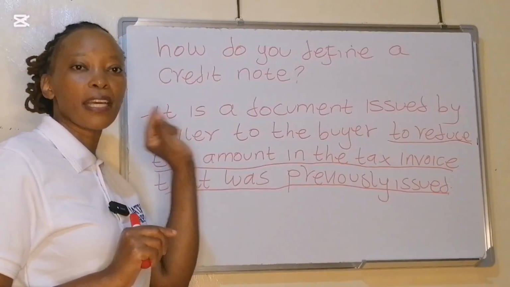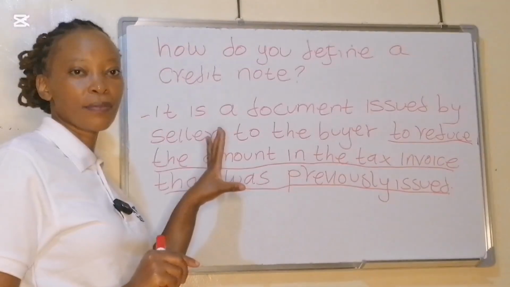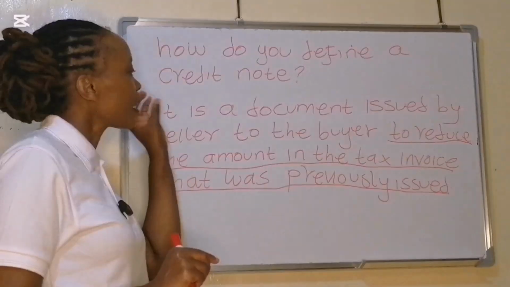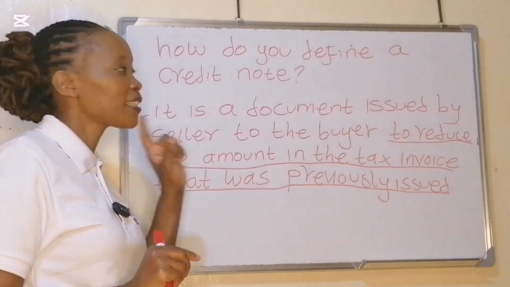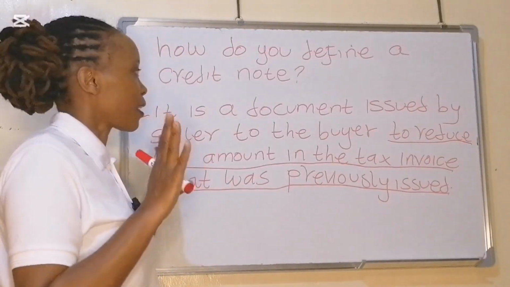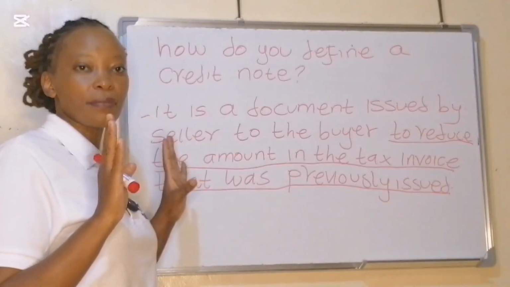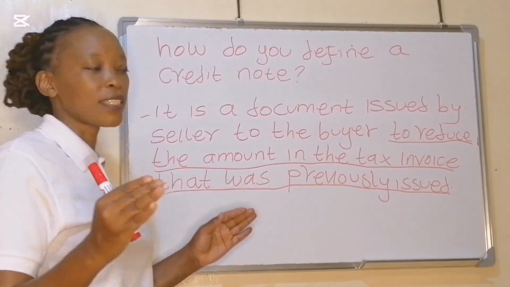At the end of the lesson, I am going to define. We are used to starting with the definition, then we go to the body. But the last thing I told you I'm going to do is to define what a credit note is. I hope that procedure has helped you understand what a credit note is.